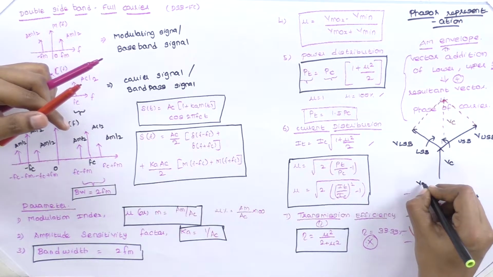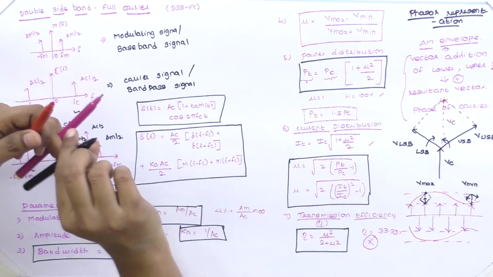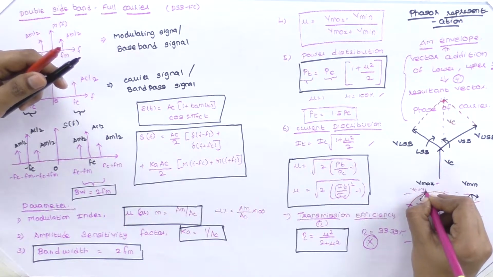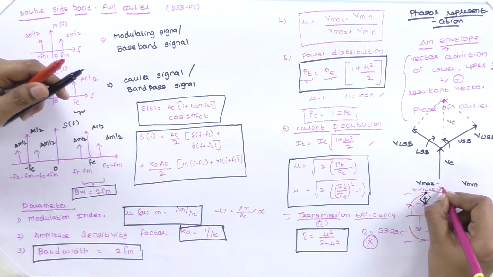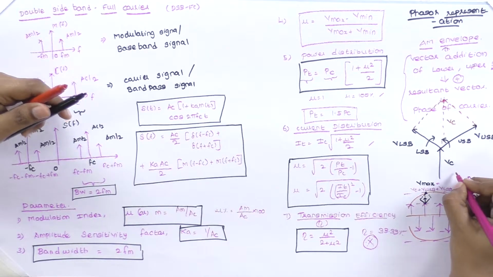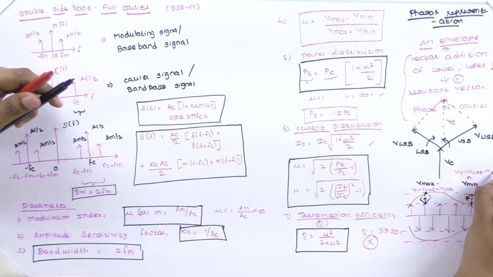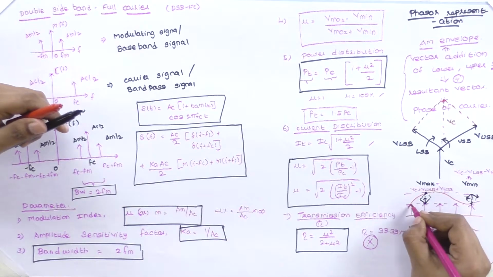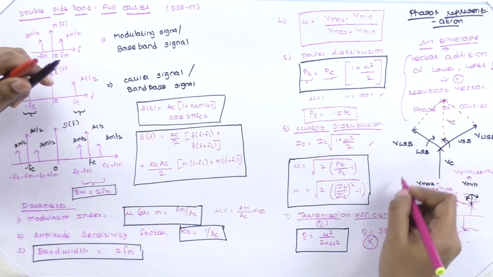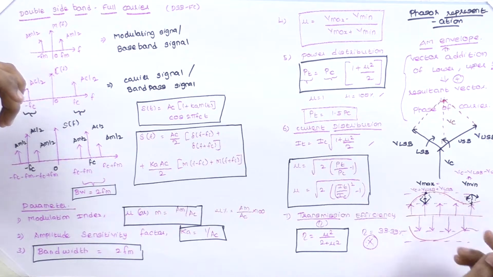So, this is our V max place, and this is our V minimum location. In V max, it will be VC plus VUSB plus VLSB. At the minimum location, it will be VC minus VLSB minus VUSB. So, the AM envelope signal is a vector addition of VC, VLSB and VUSB.